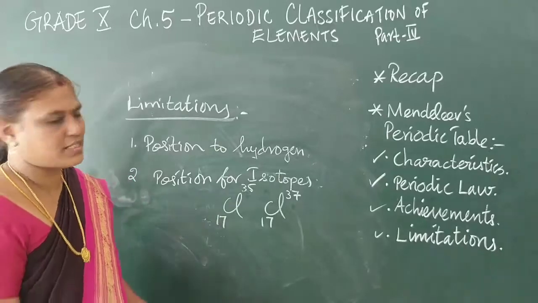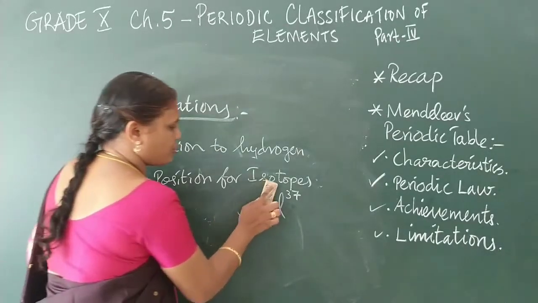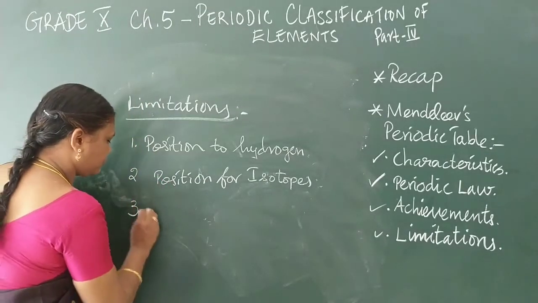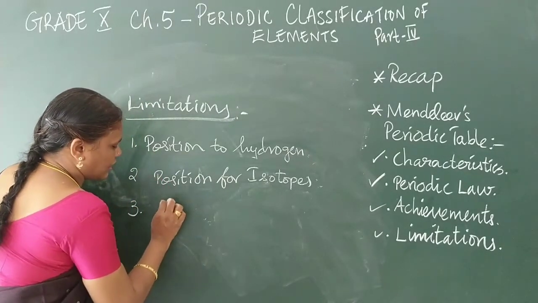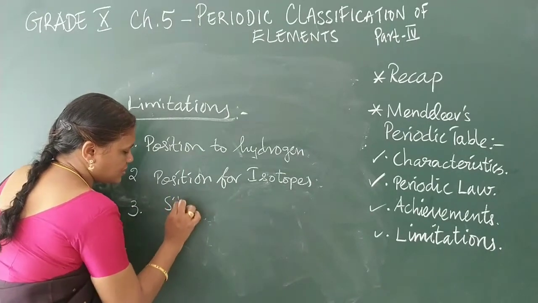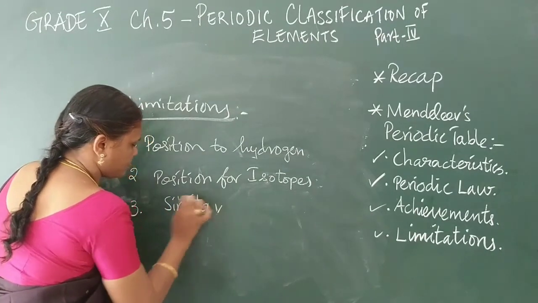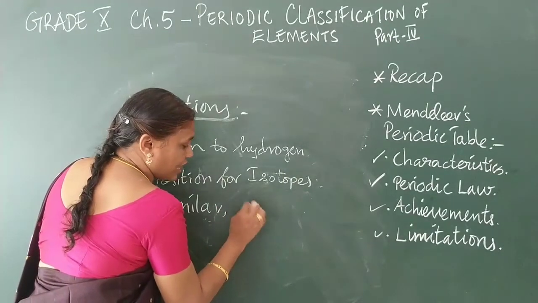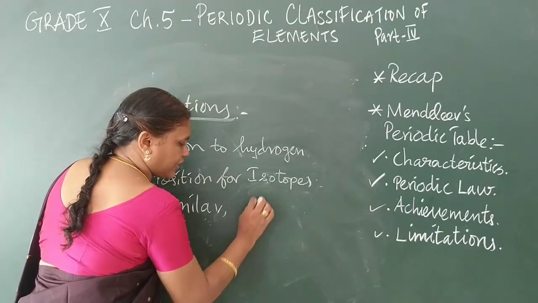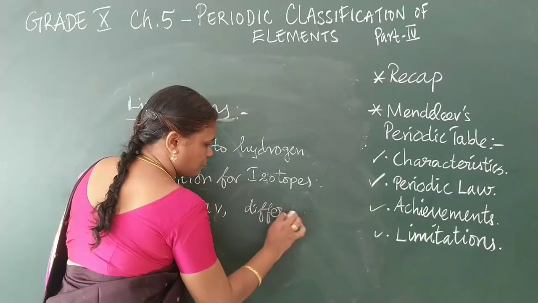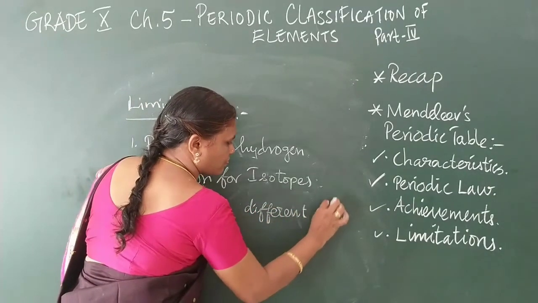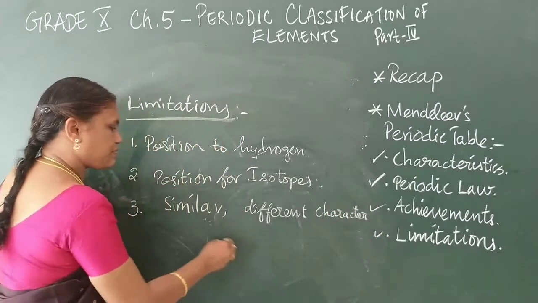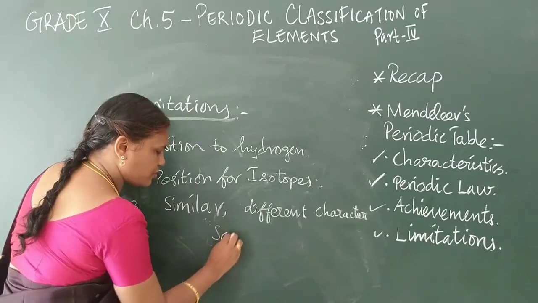And the next one, I told you, which third. He has placed elements with similar character, as well as elements which do not have similar character, in the same group.